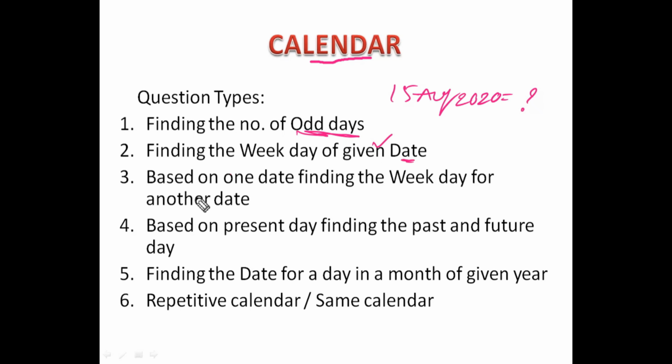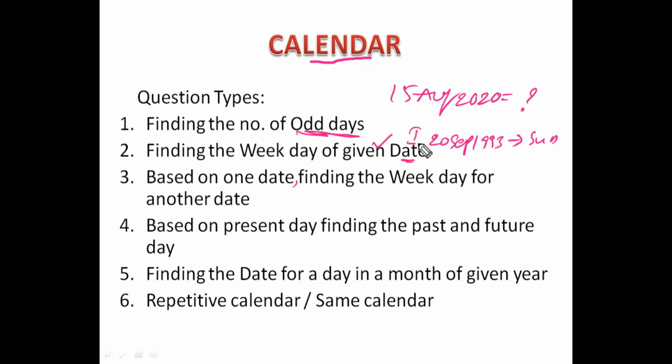Next, the third model: based on one date, finding the weekday of another date. Suppose any date is given, say 20th September 1993 is some Sunday or Monday, anything.